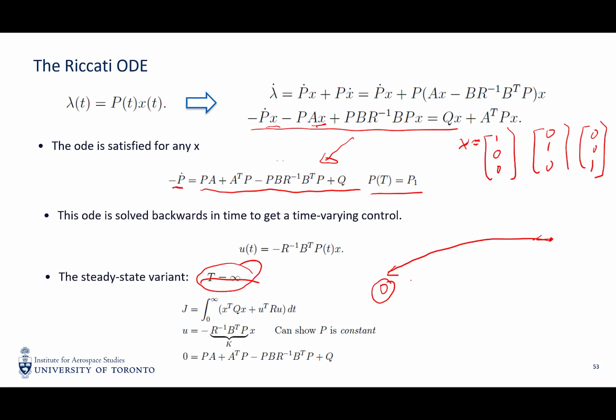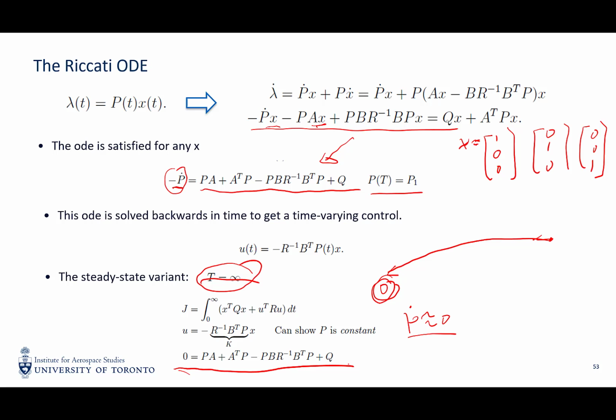So in this case, we can assume that at something near the initial state, the P dot is approximately 0. So the P settles down to a constant value. Then, if we assume that the P dot turns 0, we can simplify the Riccati ODE to an algebraic Riccati equation.